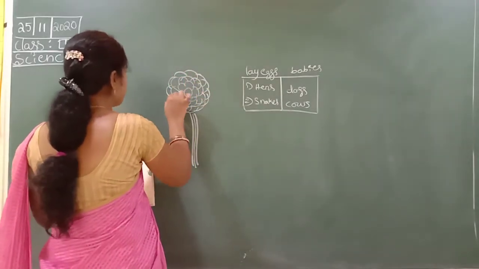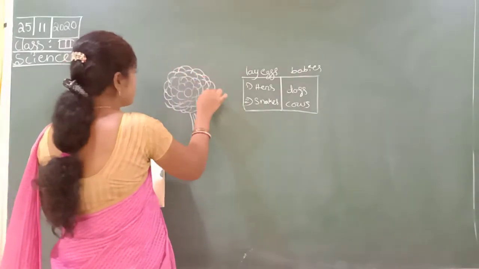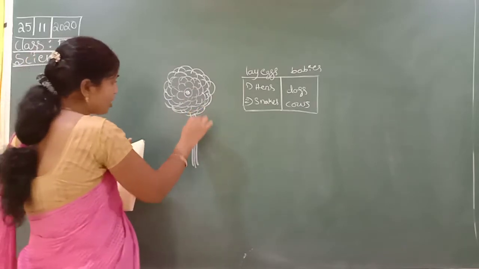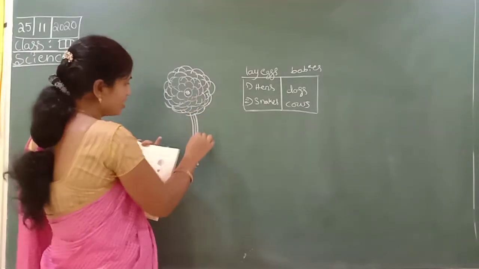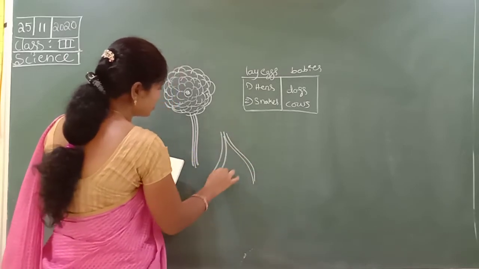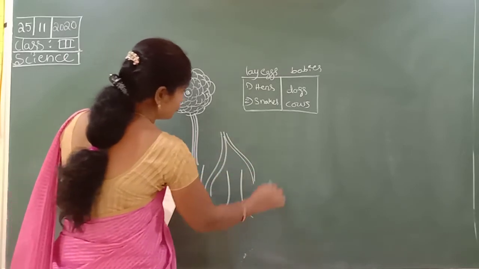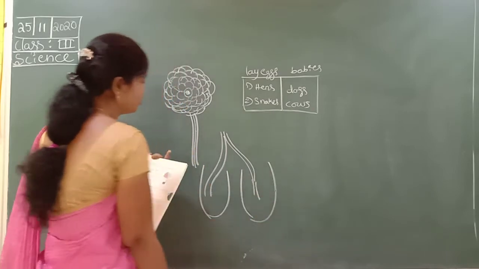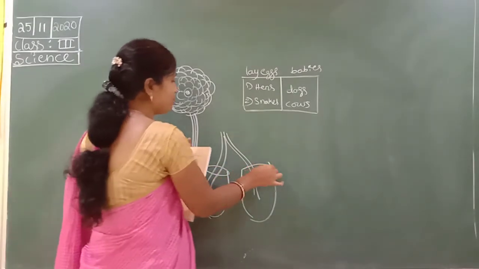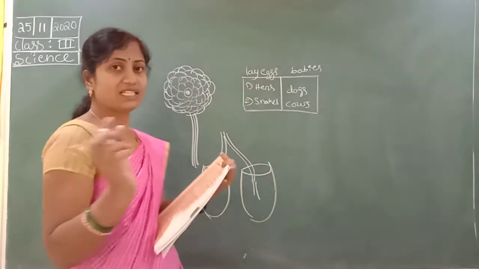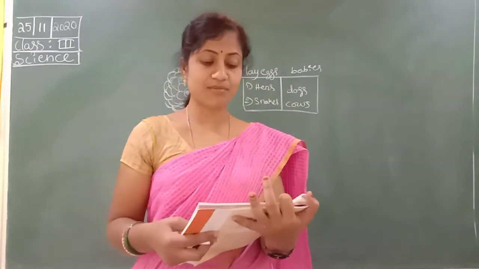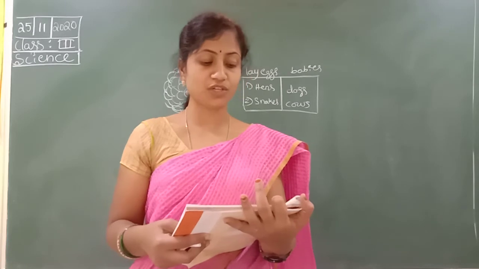You have to cut it into two pieces like this. Then take two tumblers and dip these two parts of the stem.